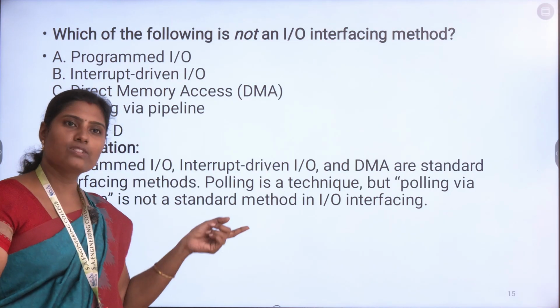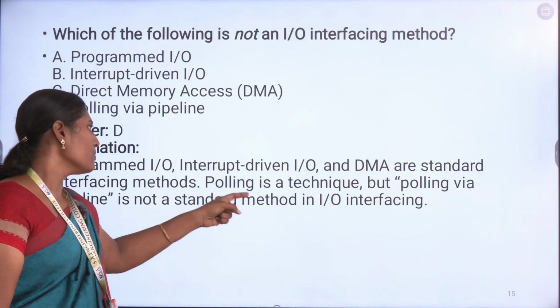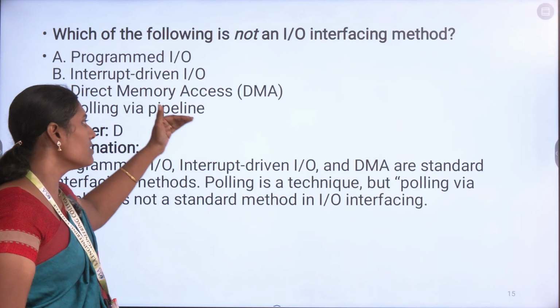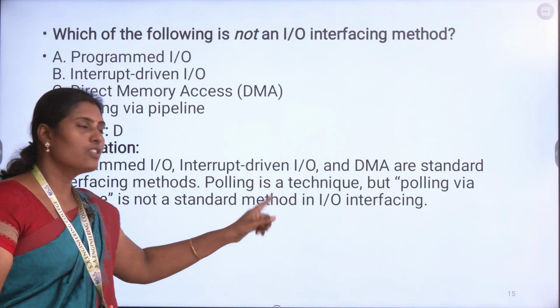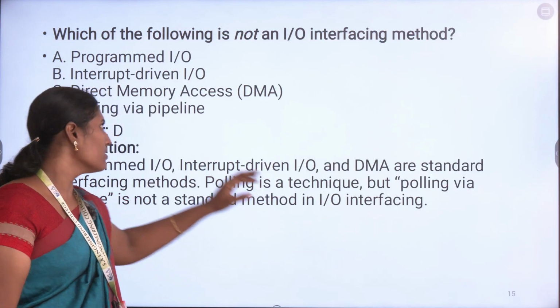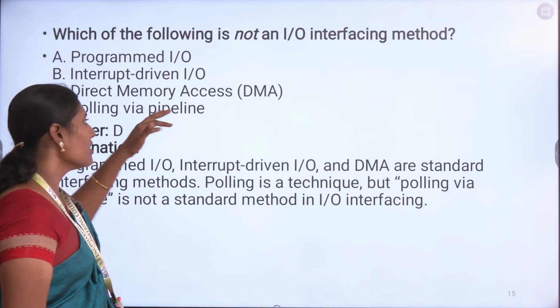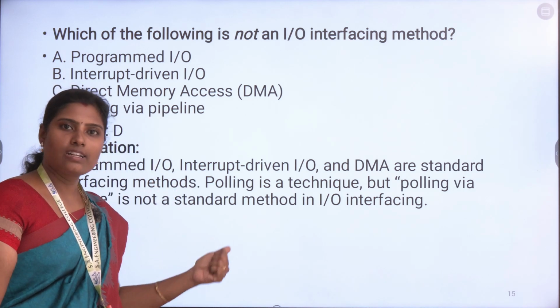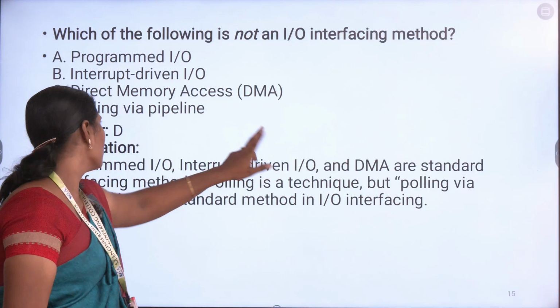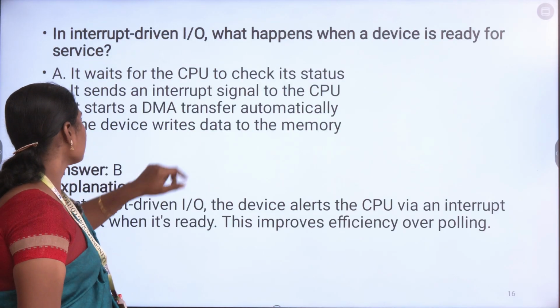As we already saw in the previous slides, all 3 modes are standard methods used for input-output interfacing. So we can finalize that polling via pipeline is not a standard method for I/O interfacing. So option D is the answer.